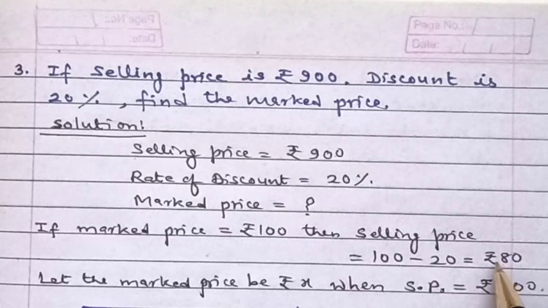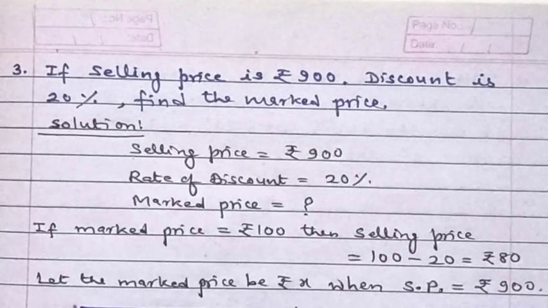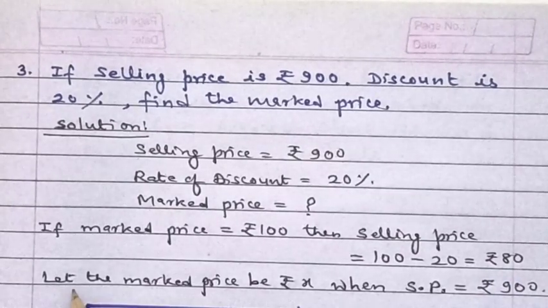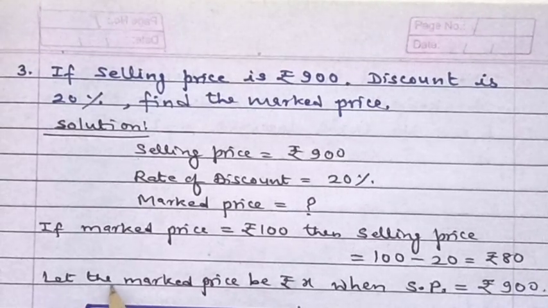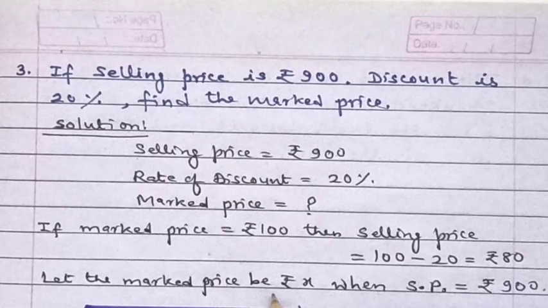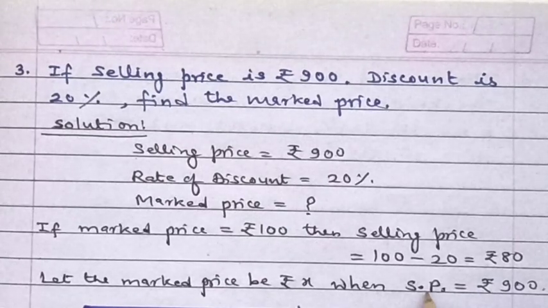Now you have to find out the mark price when selling price is rupees 900. So assume mark price is equal to X, that is, let the mark price be rupees X when selling price is equal to rupees 900.